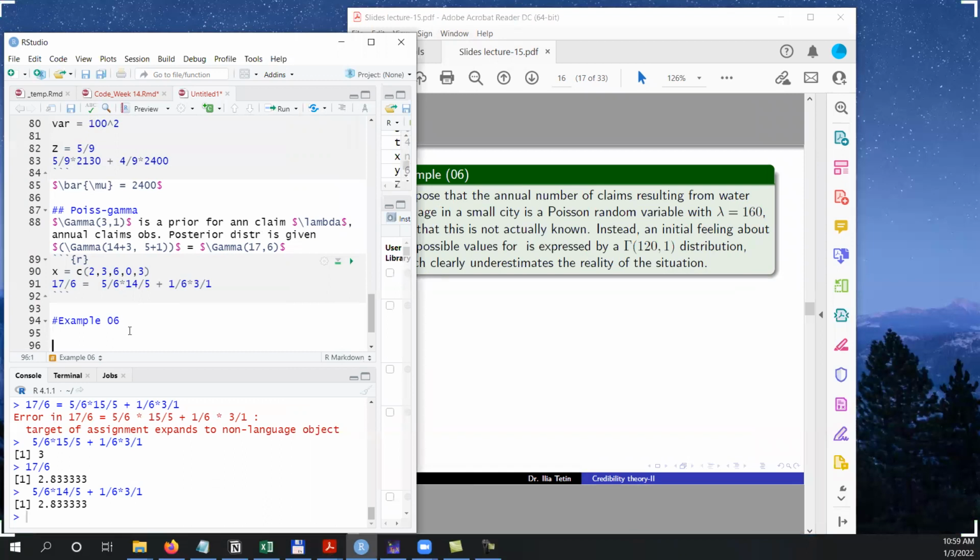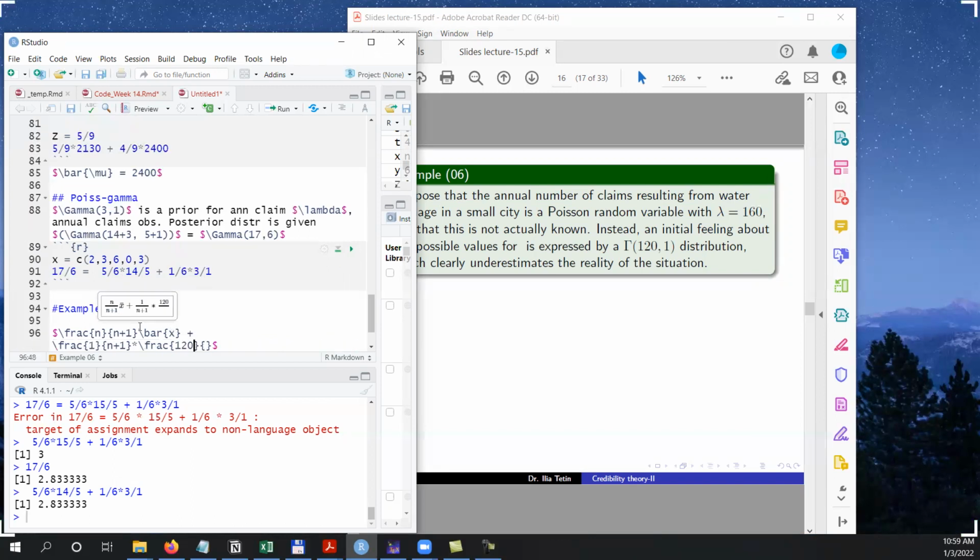We have 12 years of data collection, and the formula that we are using is n over n plus 1 times x bar, plus the fraction of 1 over n plus 1 times 120 over 1.